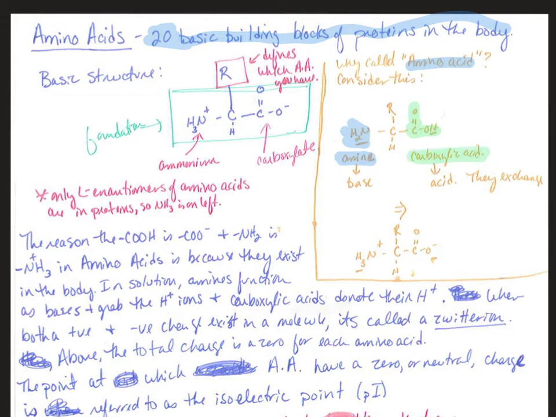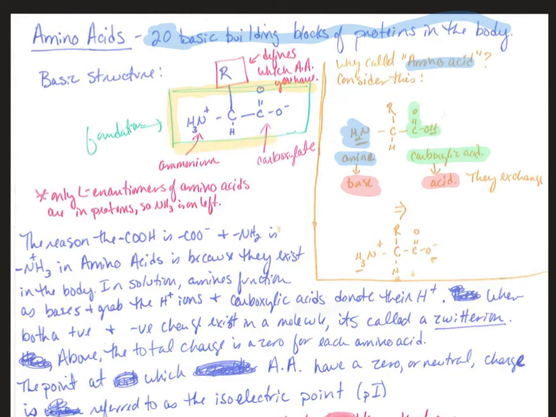And therefore, we have something that is on one side a base and on the other an acid. And so we're going to talk about in just a minute how pH can affect what these look like. But for the most of the time, these will look simply like you see over here in this box, okay?